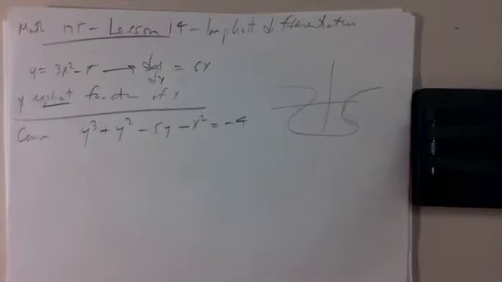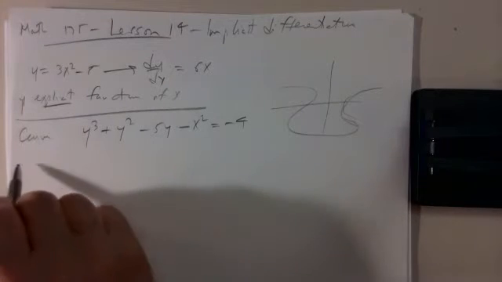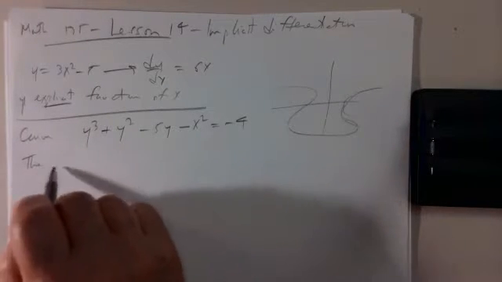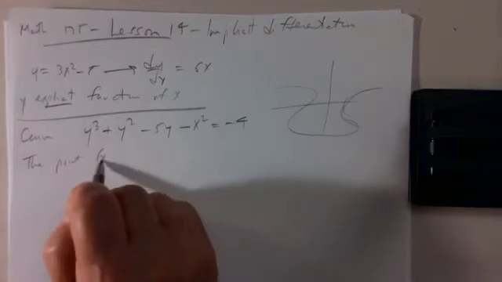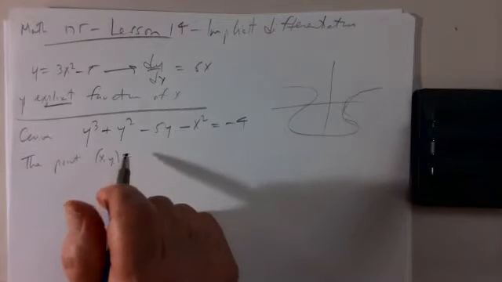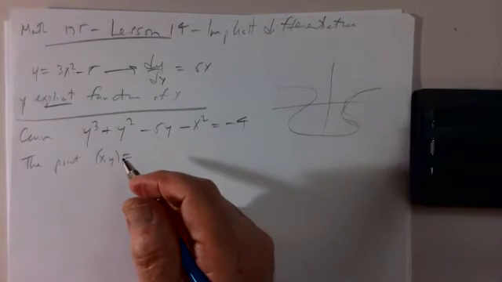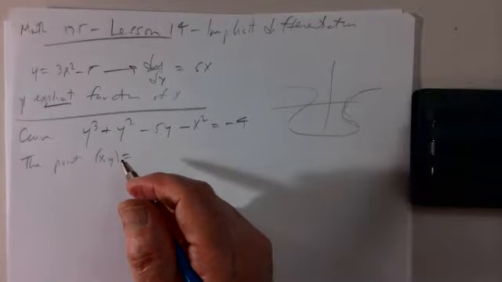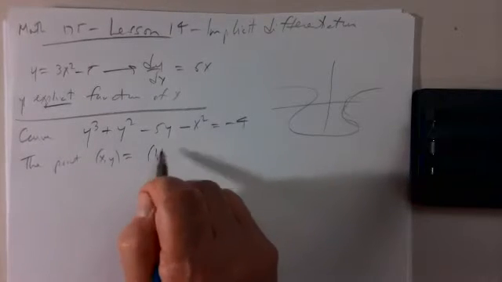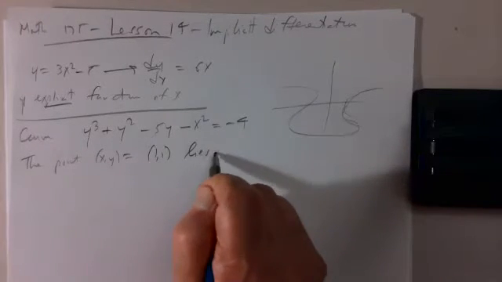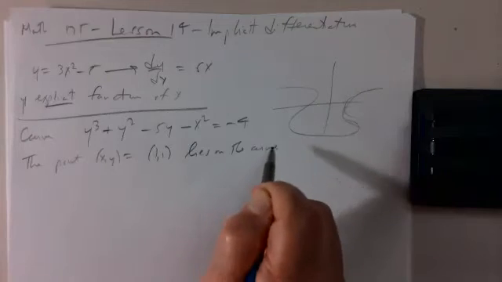We have this curve. And on this curve, we can check that the point (x, y) equal to (1, 1) lies on the curve.